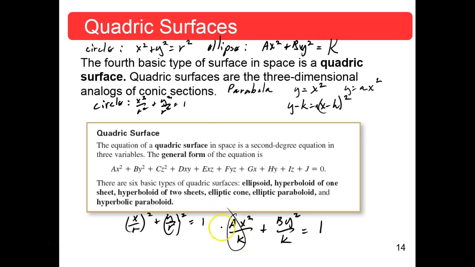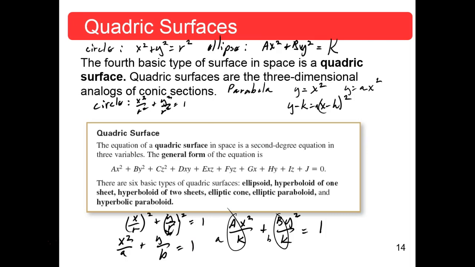Now, let's just give this k over a another name, like little a, and make k over b little b. Now notice I reverse them here, and therefore we have x squared over a plus y squared over b. Now that's equal to 1.